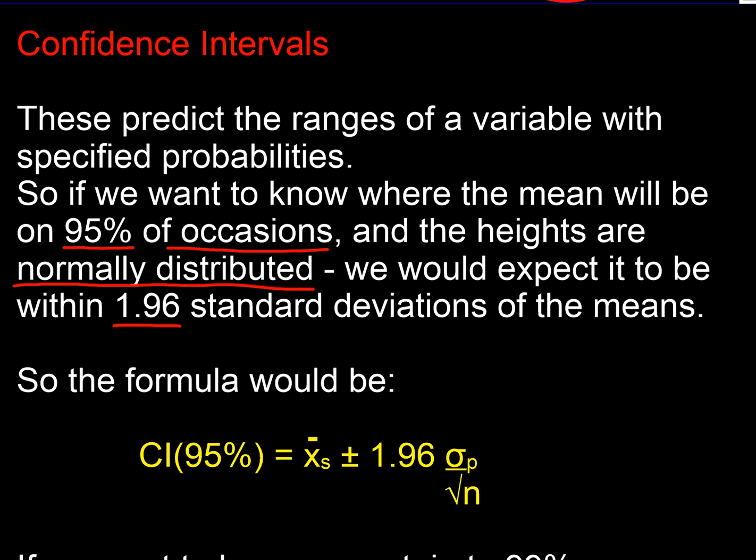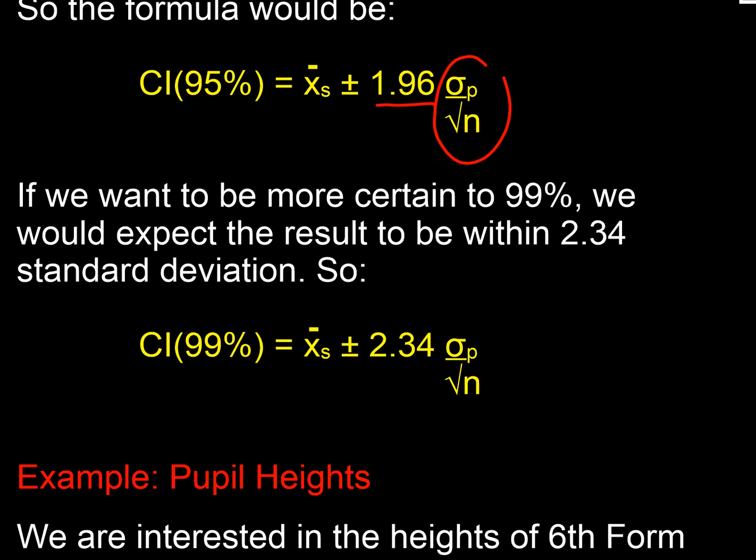In this case, we know what our mean is, our standard deviation is going to be our sigma p over root n. So for our confidence interval we'd be using our multiplier as 1.96 standard deviations. Sometimes people use 99%, and then in our tables we know that that's 2.34 standard deviations, so we just plug that in.